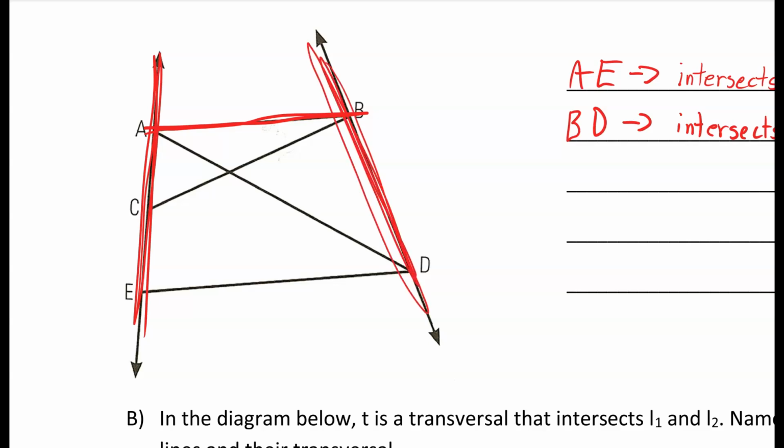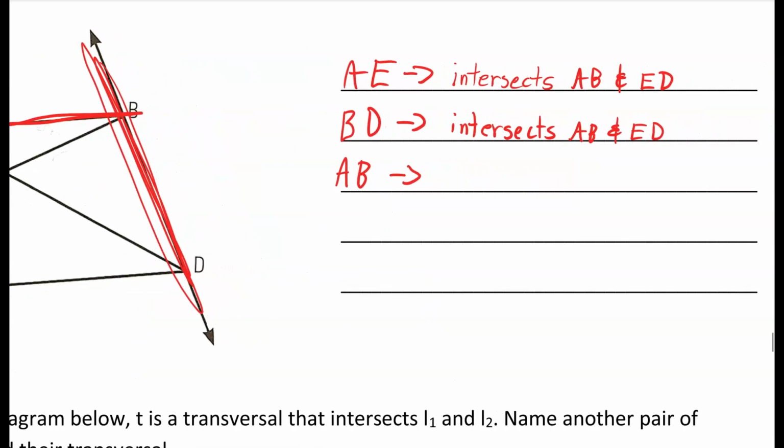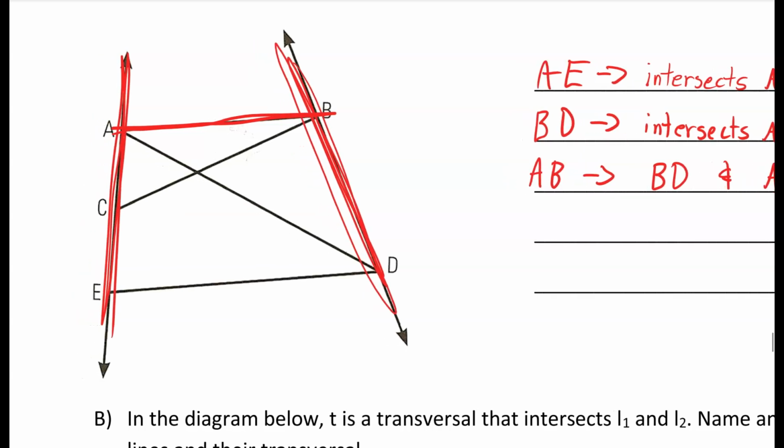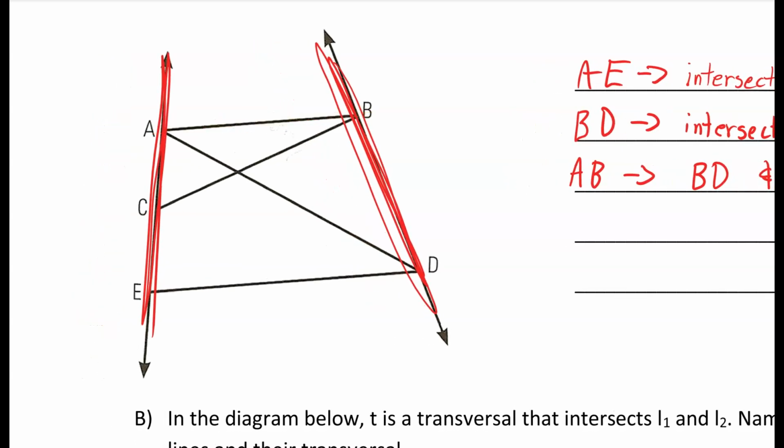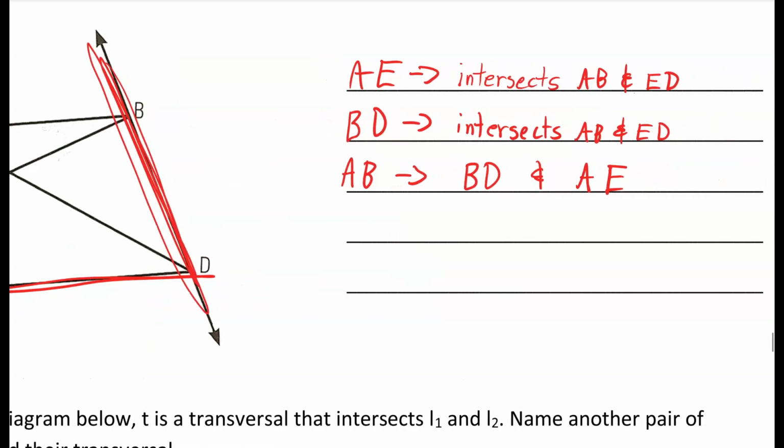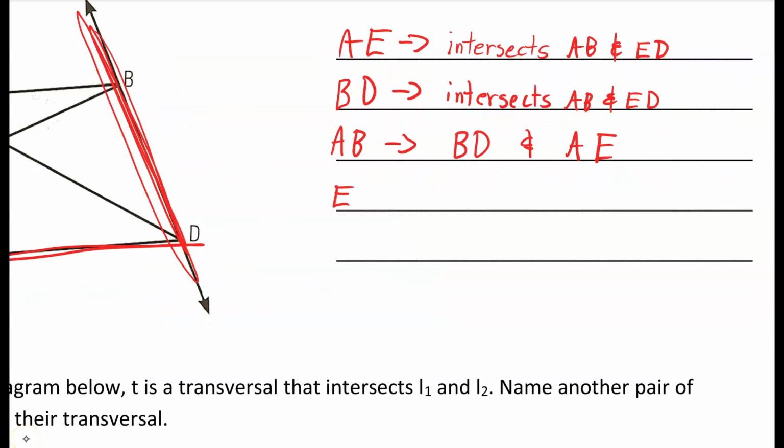So AB would intersect with BD and AE, which also means that ED would also be another one. Write down ED intersects with BD and AE.